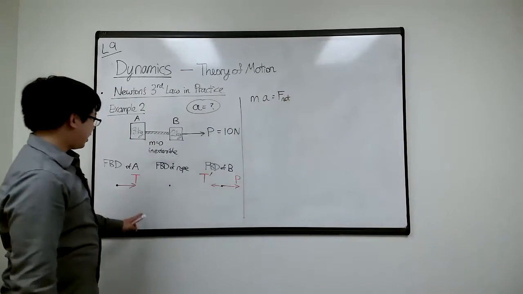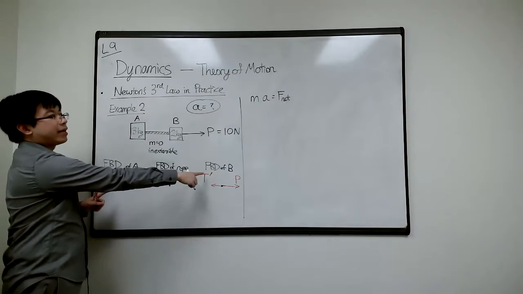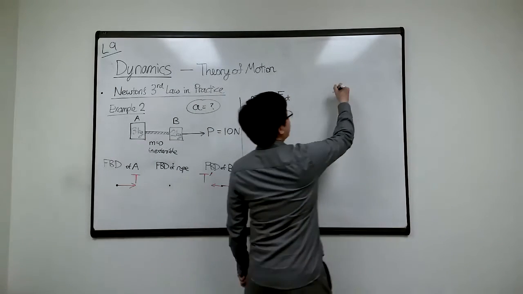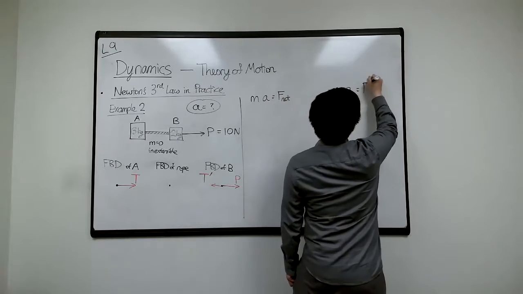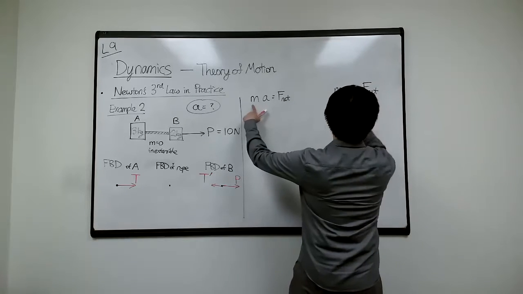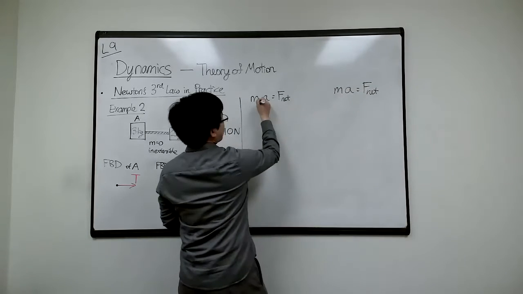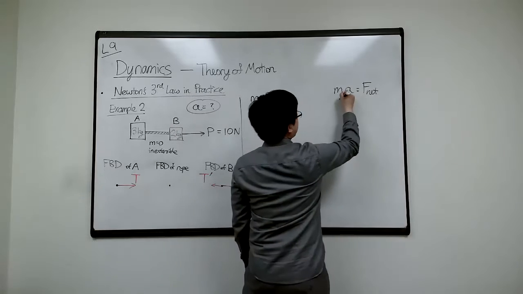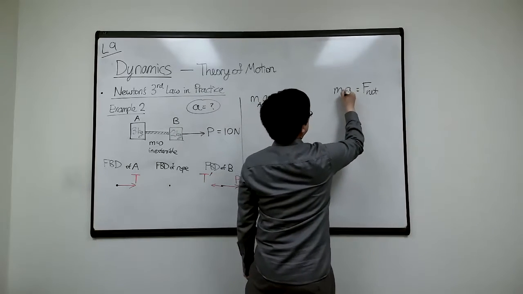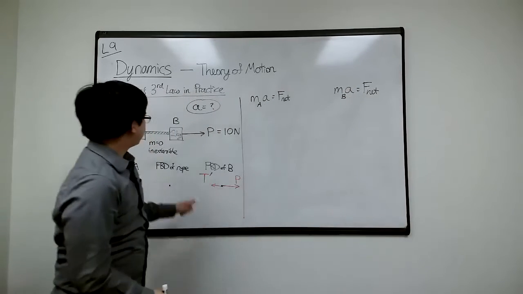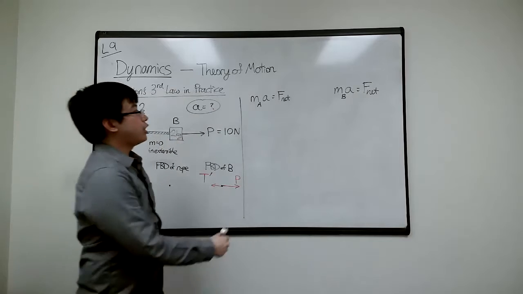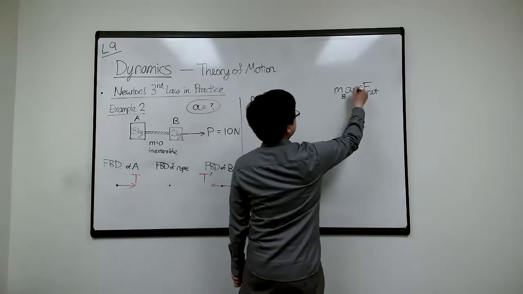And because I'm going to write another equation, Newton's second law for this guy as well. Now, is this m the same as this m? No, right? So let's give the acceleration a name. Is this a the same as this a? If you're not sure, put a different symbol first.